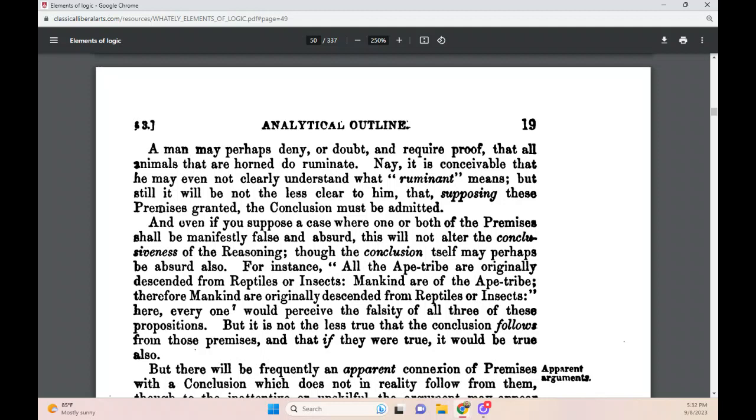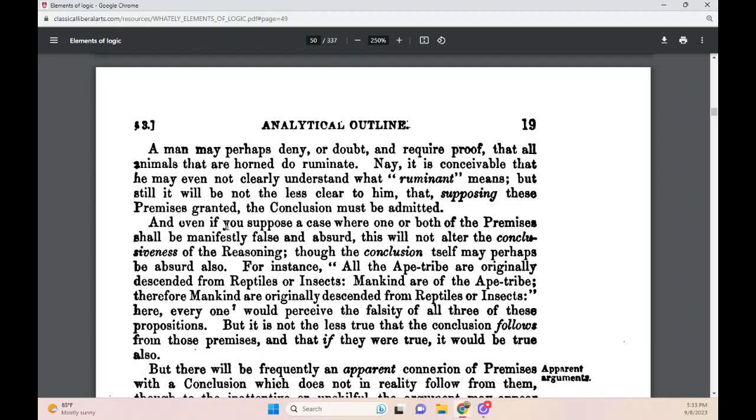Even if a person didn't understand the premises, he would have to admit that, supposing they were true, the conclusion would necessarily be true. That's what a syllogism does.